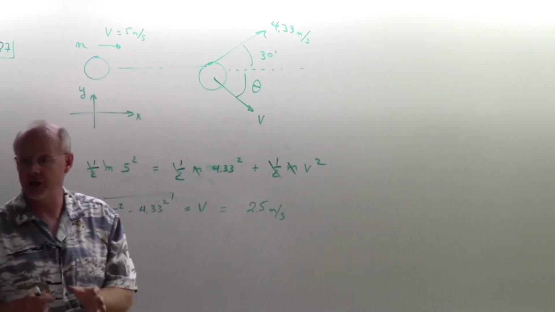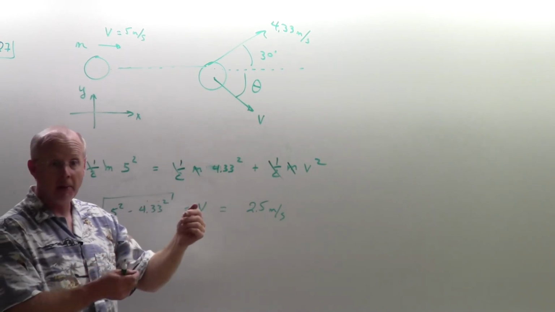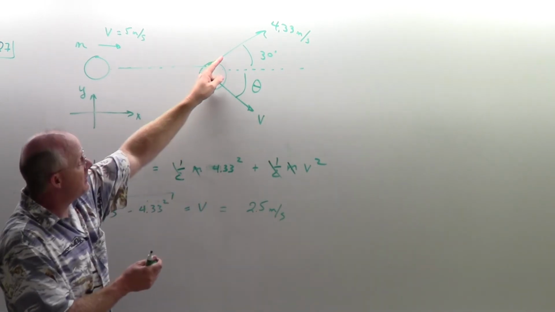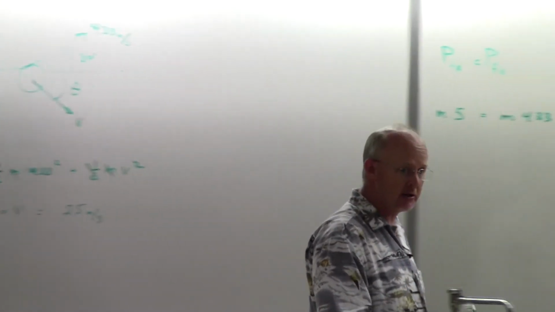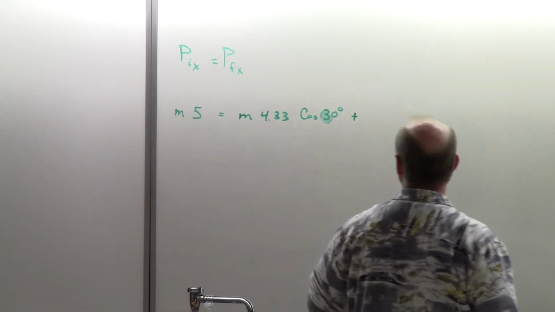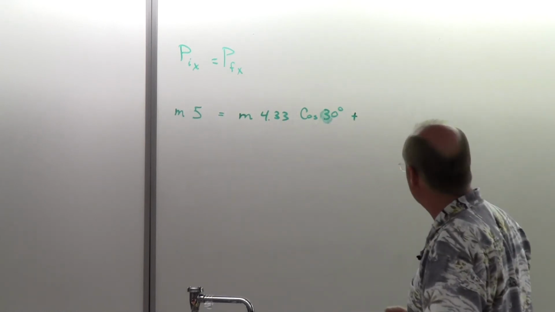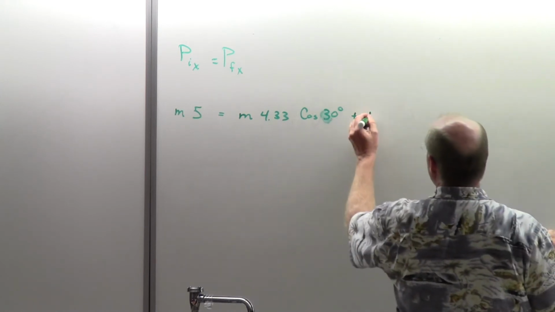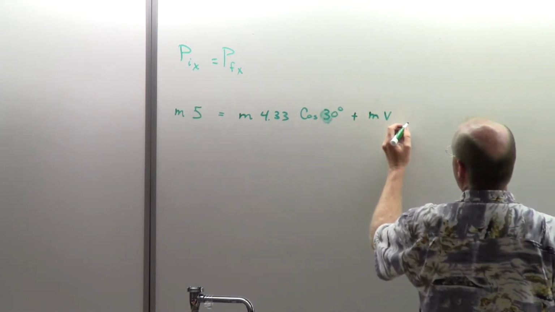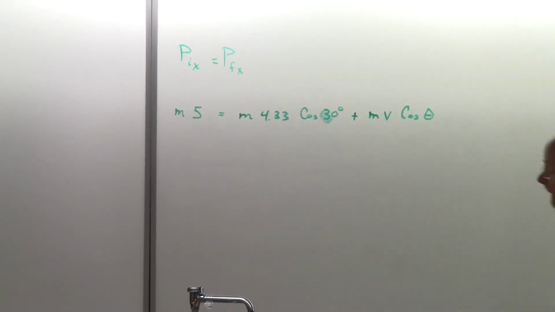And that's what I wanted you to see. See how I got the momentum is still mv, but the x component would be the adjacent piece to the 30 degrees. And then the second object would be an mv, and then it would be cosine of theta.